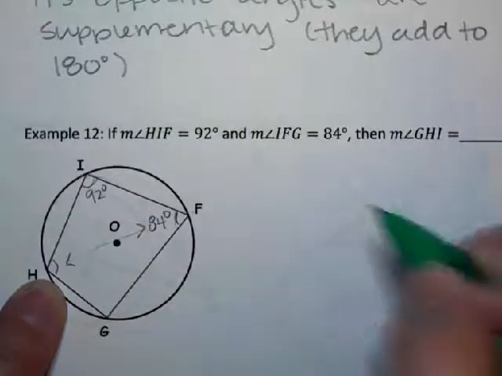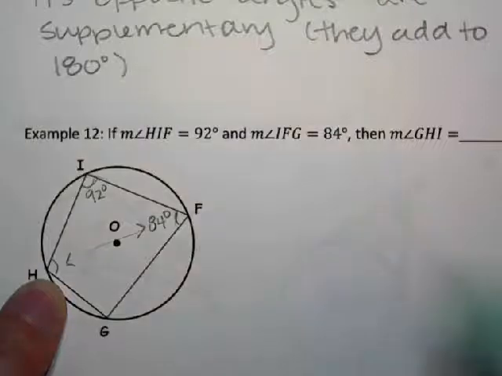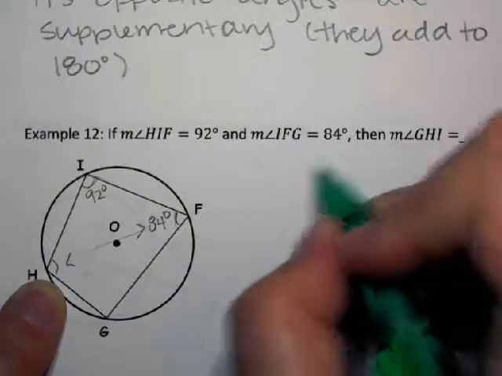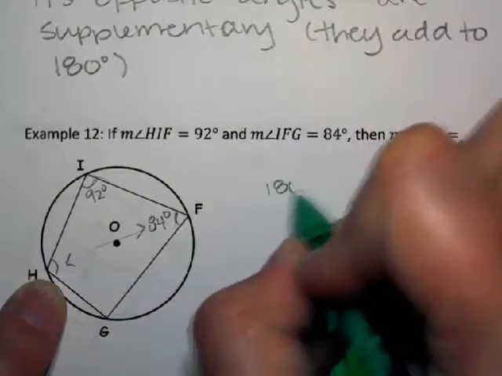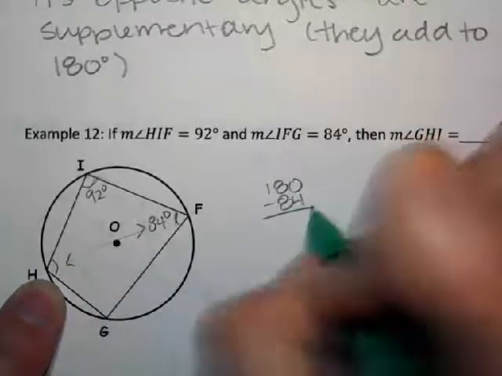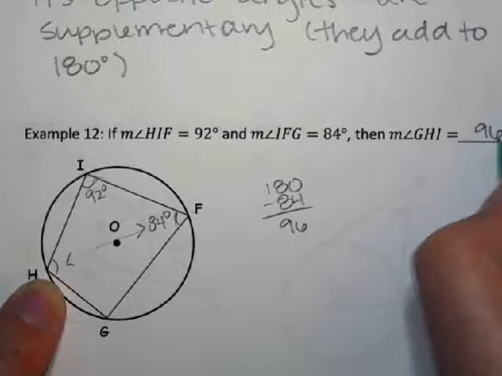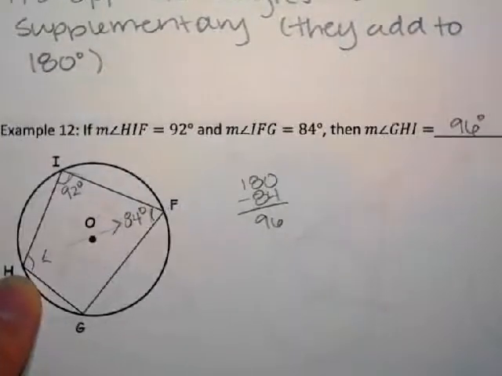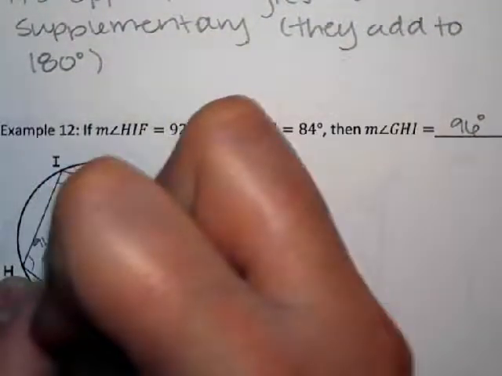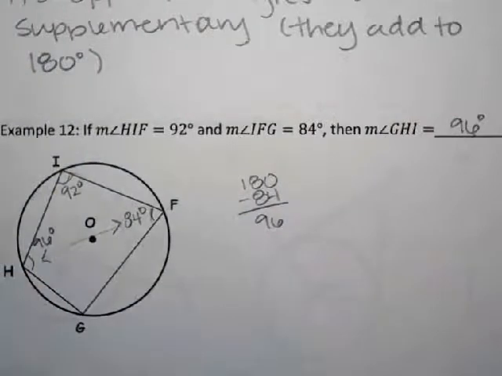How'd you get 76? 180 minus 84, so it's not 76, it's 96, okay. Supplementary. They're supposed to add to 180, okay.